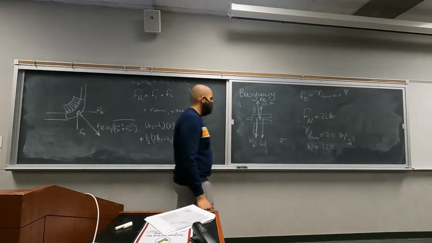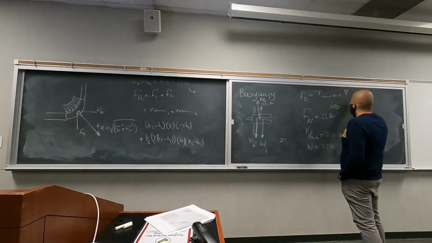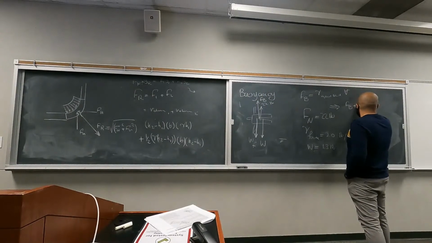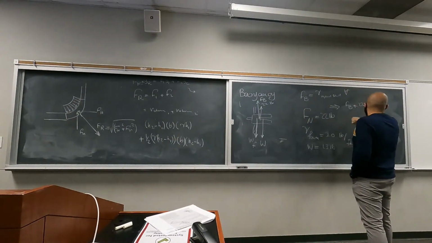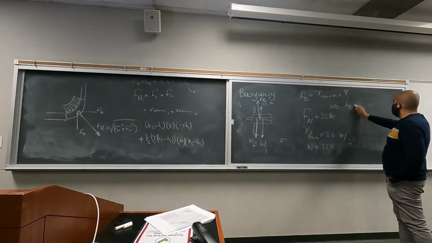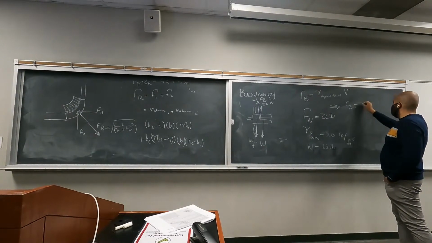Okay, and it is in water. So essentially, you have to write the force balance here. The buoyancy force plus your 22 pounds, or minus 22 pounds. 22 pounds have to be on the other side of the equation, right? Because your resultant force has to be positive 22 pounds.